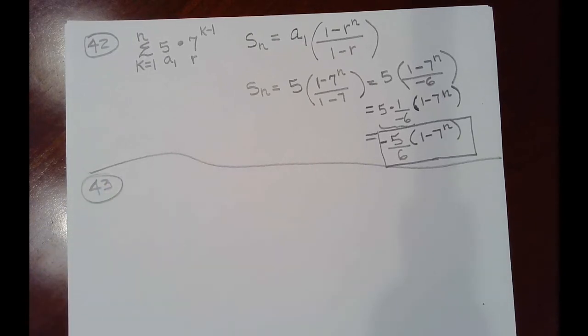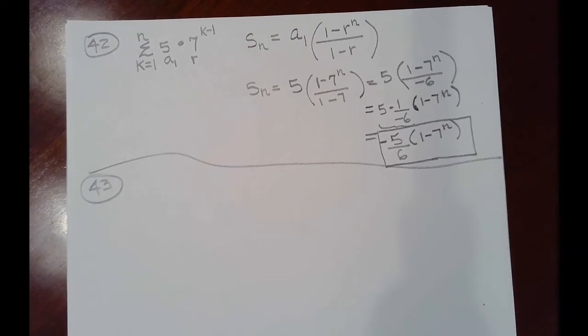Okay, 43, 44, and 45, you're determining whether the infinite geometric series, when you're finding a sum, because a series is a bunch of numbers that you're summing together.